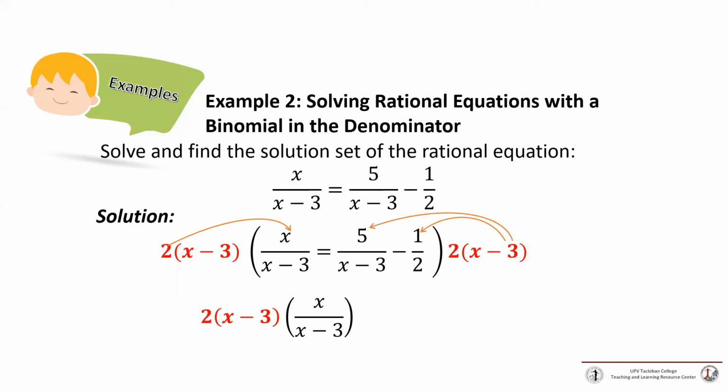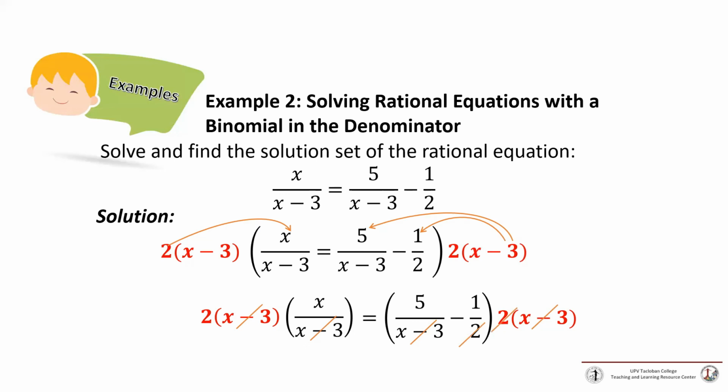Actually, you can simply use the LCD on the left side, then multiply it to the right side expressions. Then we cancel out to simplify the whole equation. Since x minus 3 is common, it can be canceled out. The x minus 3 on the right side is canceled, as well as the 2.